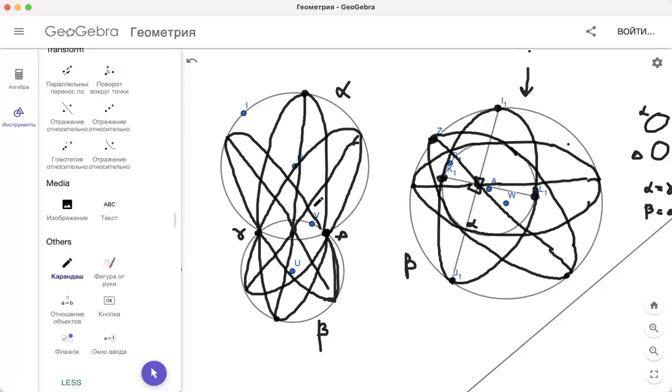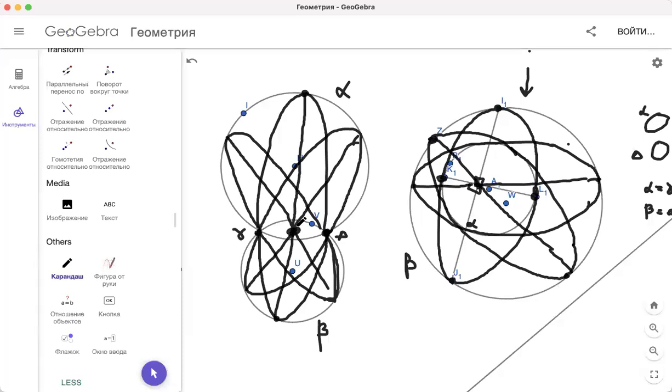Concurrent means they are passing through the same point, some fixed point, and we also can describe this fixed point.